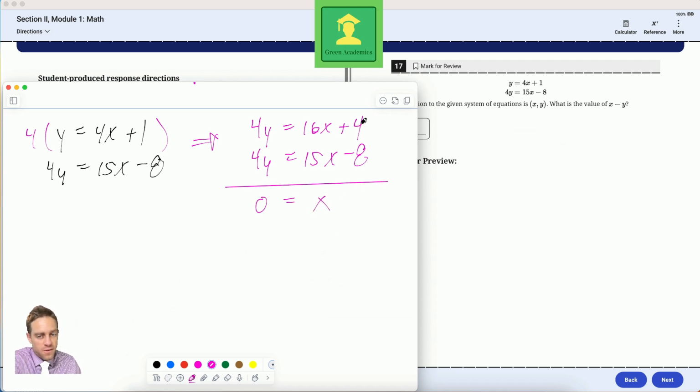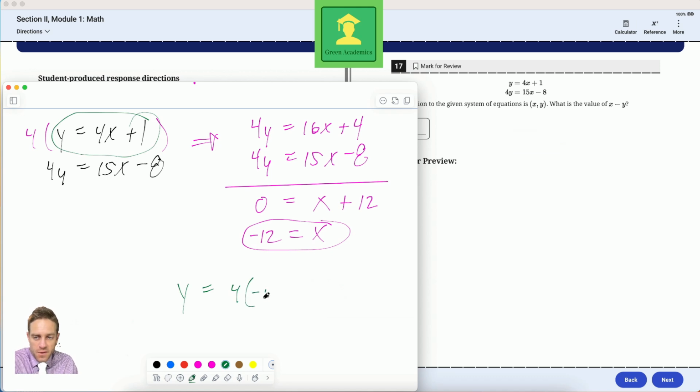And then, of course, this is 4 minus negative 8 is 12, which gives you that x itself is negative 12. And then you can put that back into any of the equations to find the answer. So for example, putting it back into just here gives you y equals 4 times negative 12 plus 1.